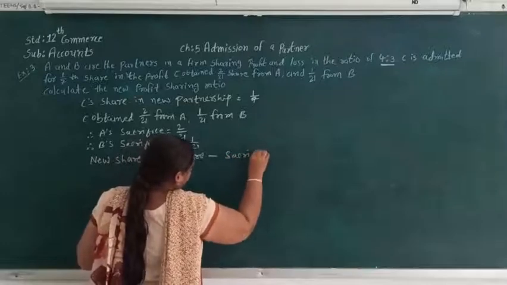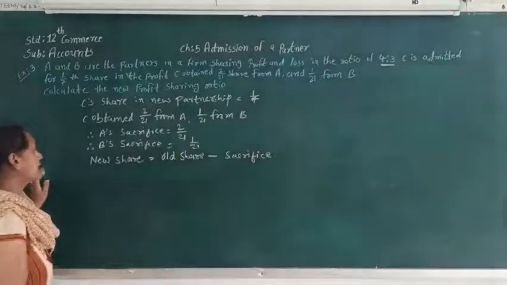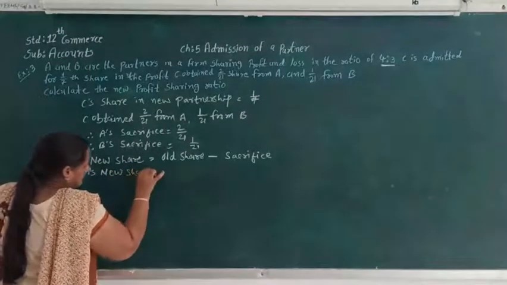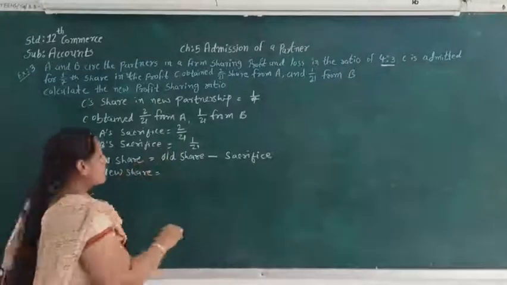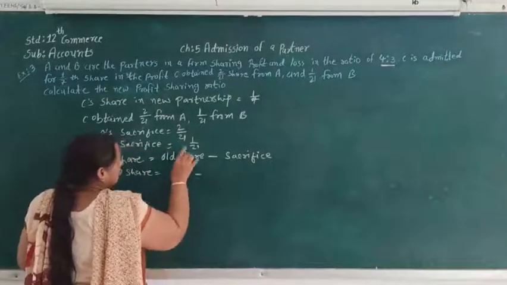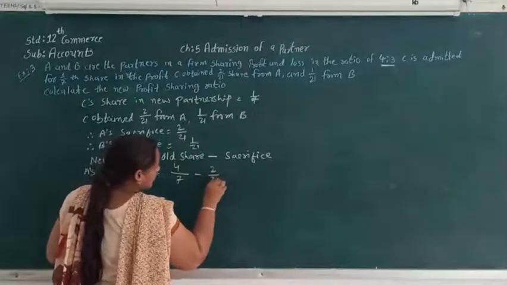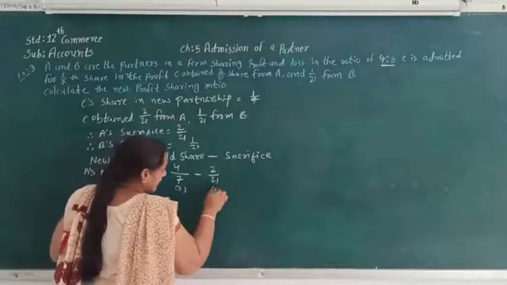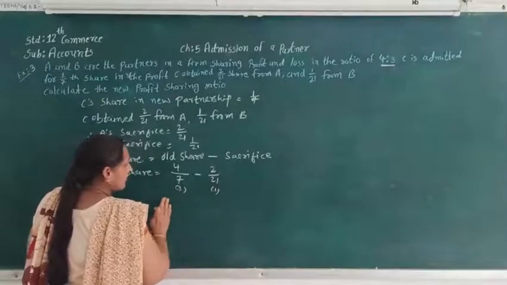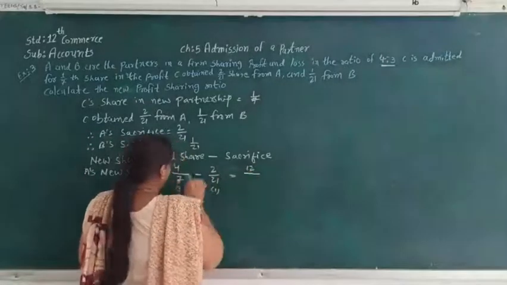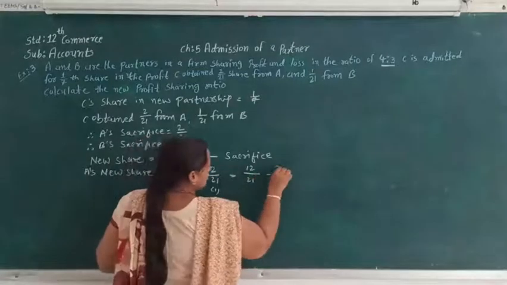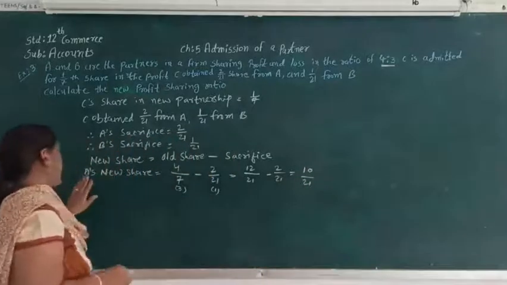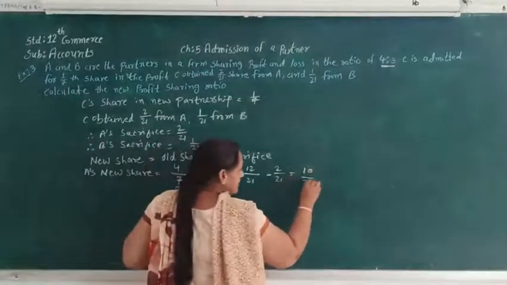So here, A's old share is 4 by 7. To make the denominator same, we are going to multiply here by 3 and here by 1. 4 3s are 12 upon 21 minus 2 upon 21. So 10 by 21. So A's new share will be 10 by 21.